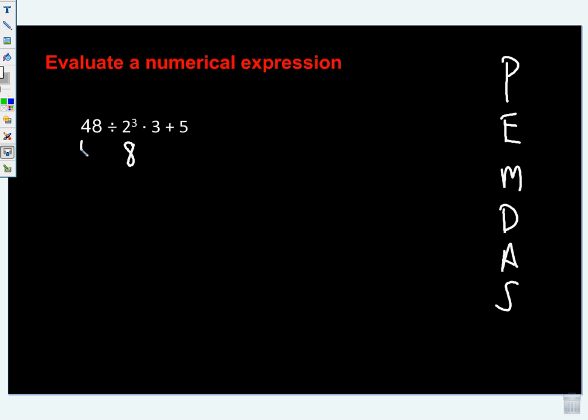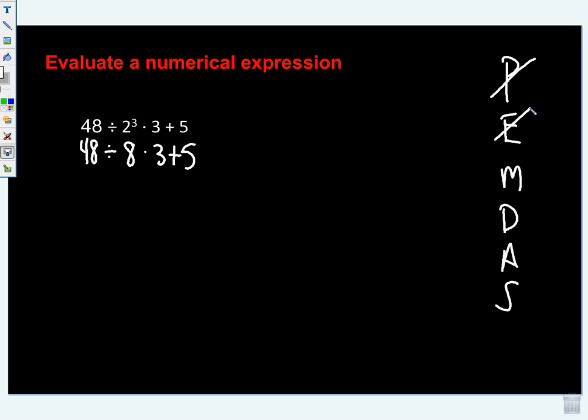And I still have the rest of the expression to evaluate here, leaving me with 48 divided by 8 times 3 plus 5. So parentheses and exponents are done.